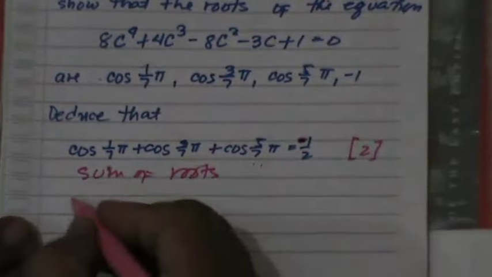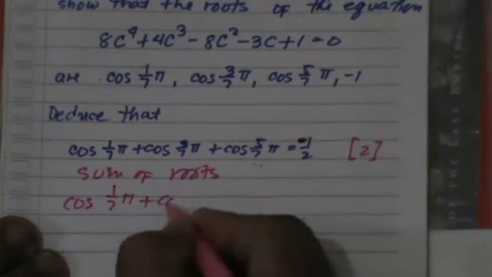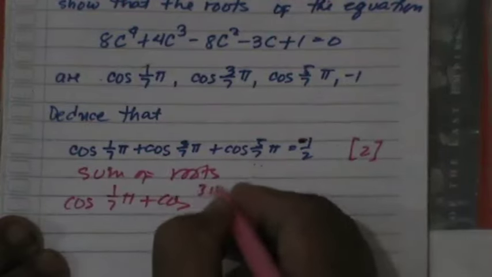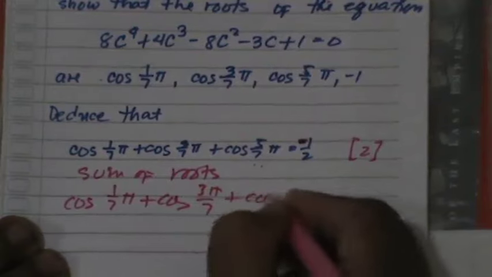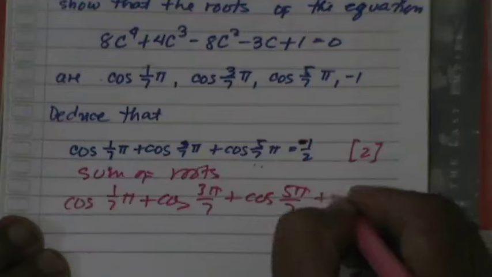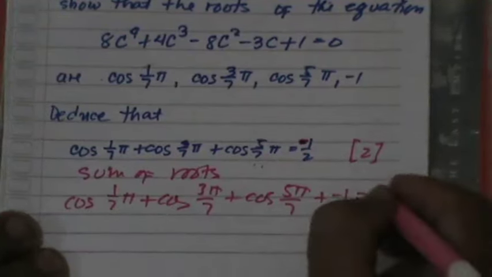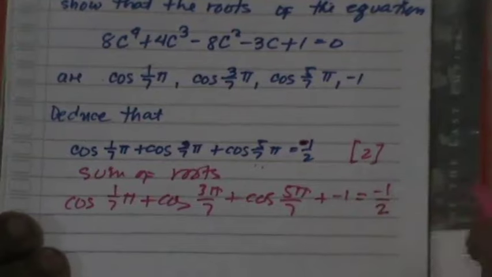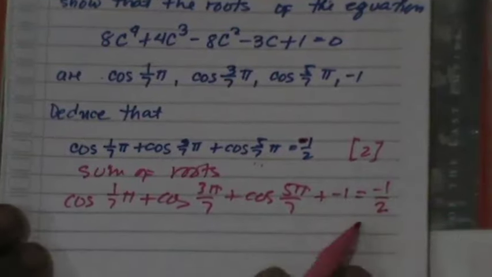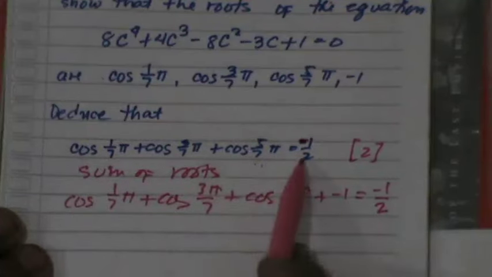However, that one is this one, cosine pi over 7 plus cosine 3 pi over 7 plus cosine 5 pi over 7 plus the negative 1. Okay, plus the negative 1 is equal to the negative 1 over 2. But the question says we need to show that this portion is equal to 1/2.